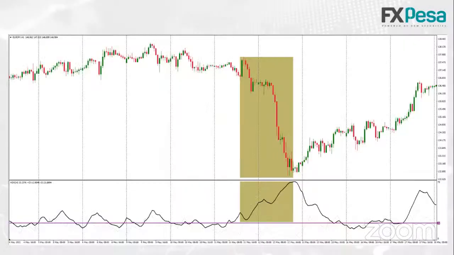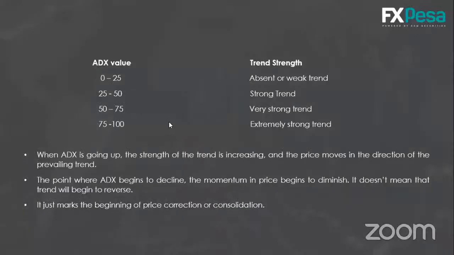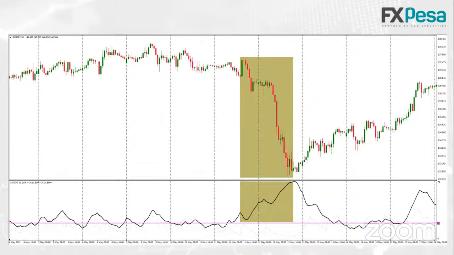So as I have mentioned, it ranges from 0 to 100. You'll notice that from 0 to around 20, or from around 20 up to around 25, once you've marked that level, you'll be able to see. Like in this case, I've marked level 20.